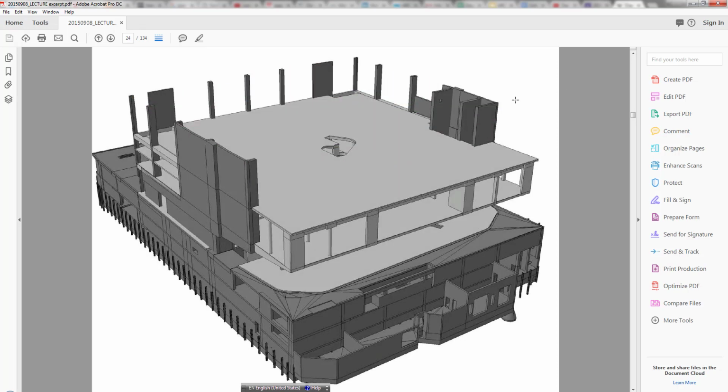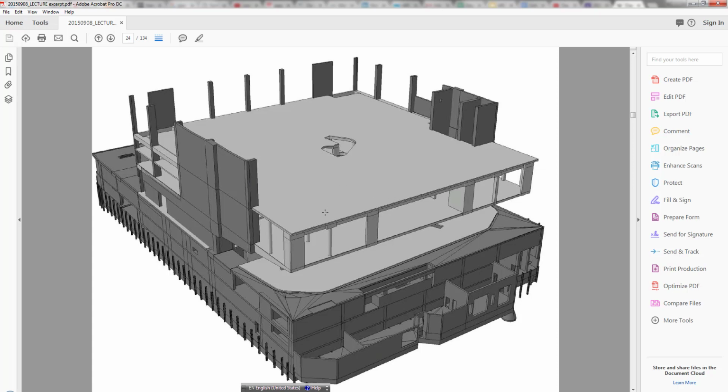So that's the shear wall. What it does is it takes the lateral load from the diaphragm and transmits it down to the ground. What the diaphragm does is, somewhere the lateral force comes through, it carries the lateral load and transmits it to the shear wall.